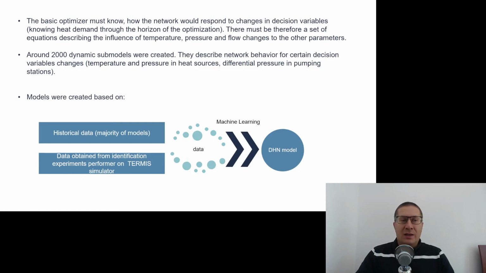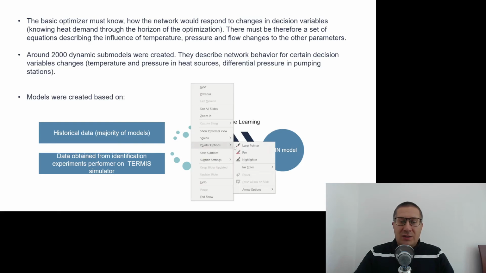We had like 2,000 dynamic submodels. They represent the temperature, pressure, and flow response of a network for changes of our decision variables like supply water temperature, like supply water pressure, and changes of the differential pressure within the pumping stations.